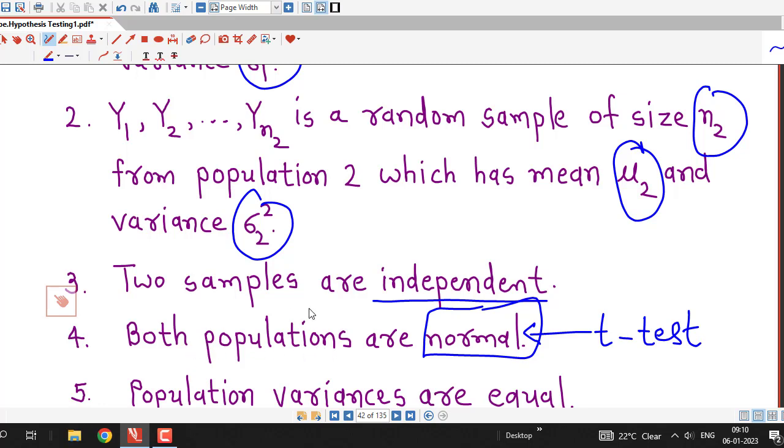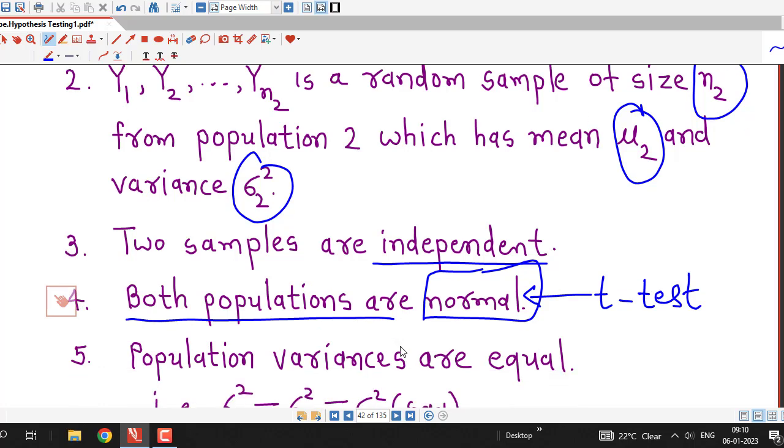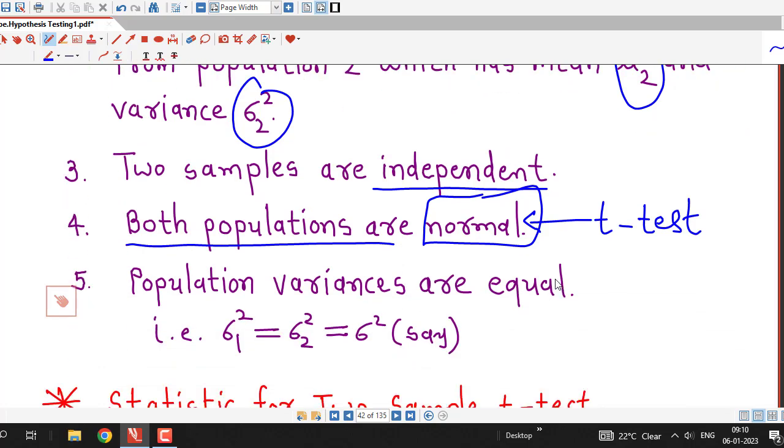This must be given. If it is not given, we first assume that both the populations are normal, and we are considering the case of equal population variances. Suppose equal population variances have common value sigma square.